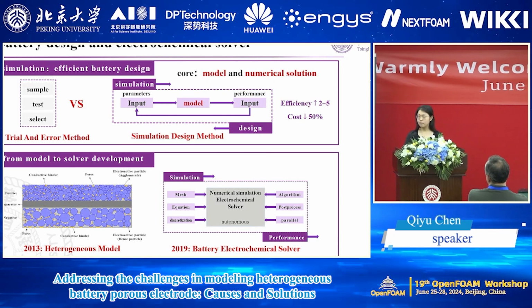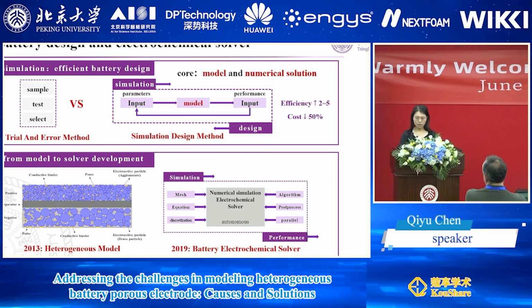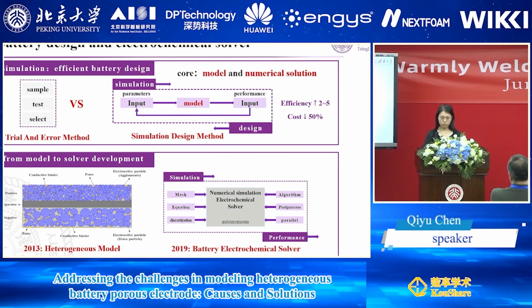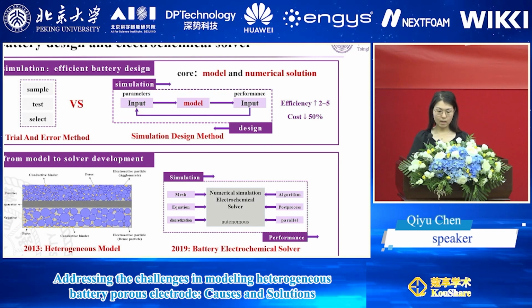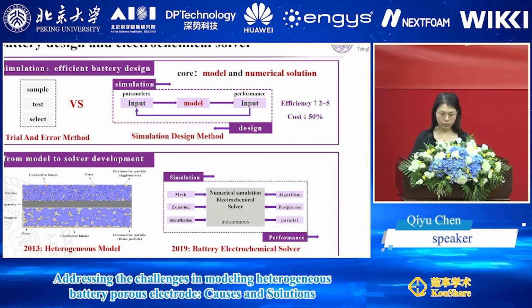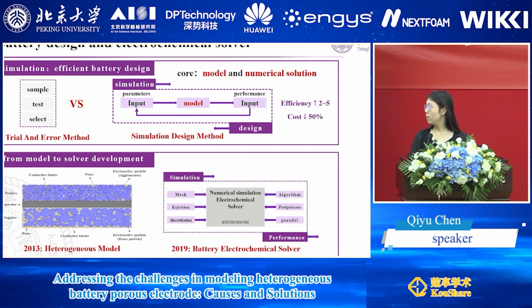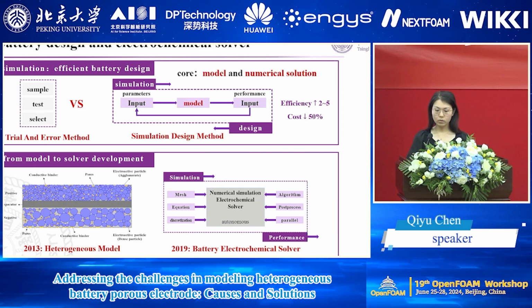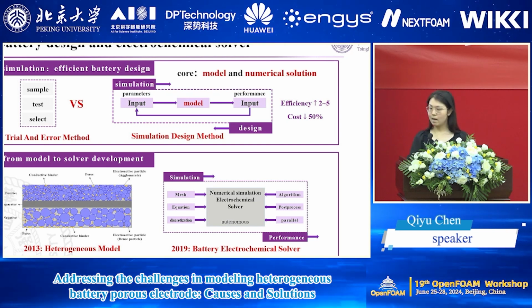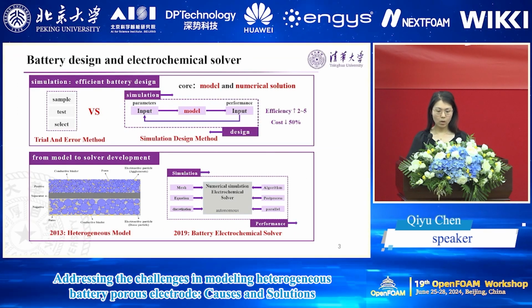It is well known that good battery design can make the best use of the thermodynamic properties stored in materials. The traditional battery design is an experimental trial and error method, including numerous sampling, testing, and selecting processes, which is time-consuming and high cost.